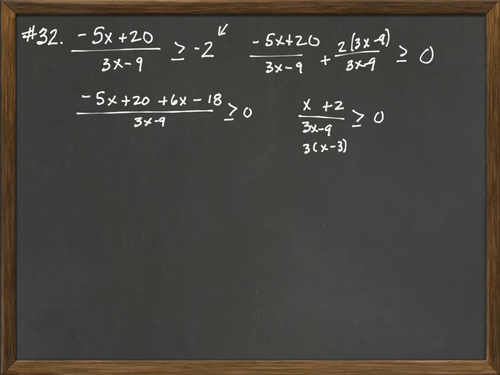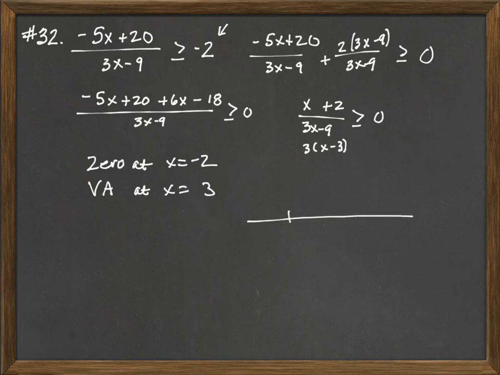Okay, so the two things we have are the zeros. So I have a 0 at x equals -2, and I have a vertical asymptote at x equals 3. So those are my sign chart numbers, -2 and 3.